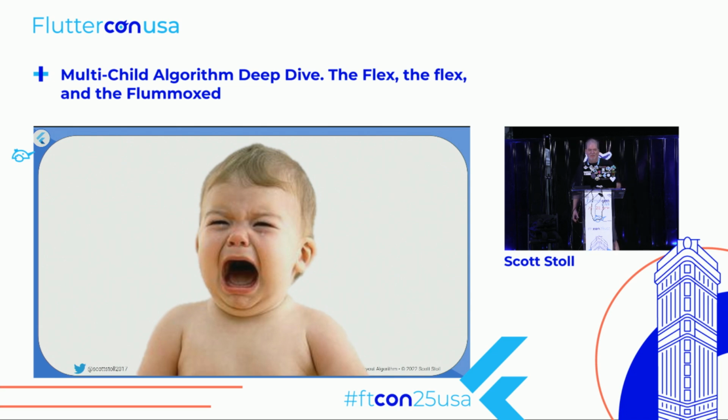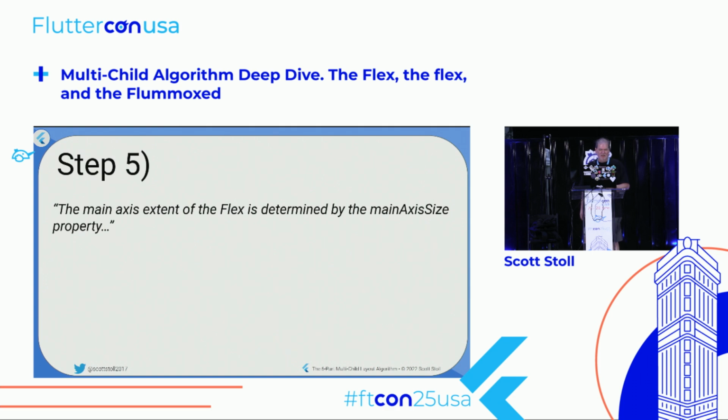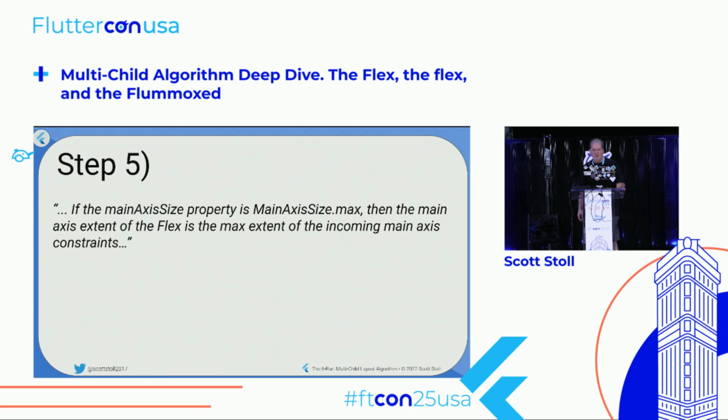All right. So looking at the dot comment, the main axis extent of the flex is determined by the main axis size property. If the main axis size property is main axis size max, then the main axis extent of the flex is the max extent of the incoming main axis constraints. I told you this is a tongue twister.